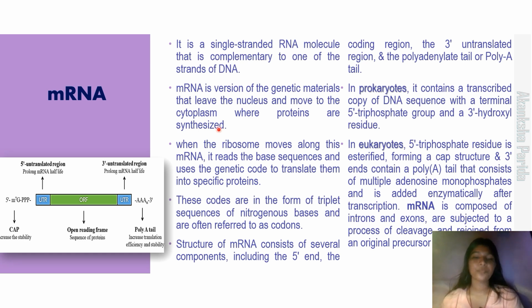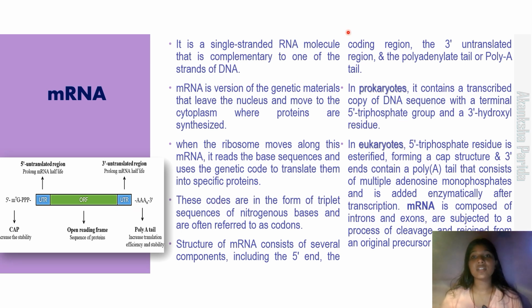synthesized. When the ribosome moves along this mRNA, it reads the base sequences using genetic codes, that is the codons in the form of triplets. It was given by Hargobind Khurana. So the structure of mRNA consists of the 5' end and coding region, 3' untranslated region, and poly A tail.